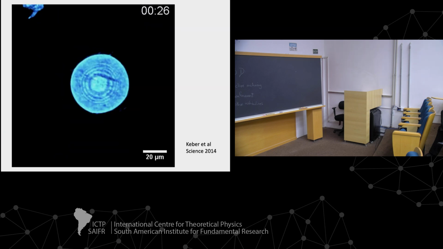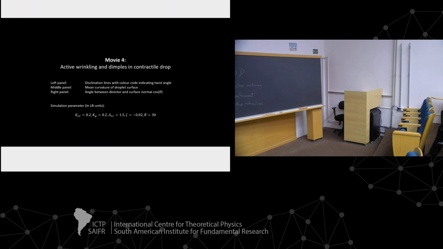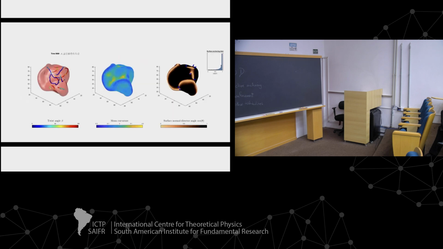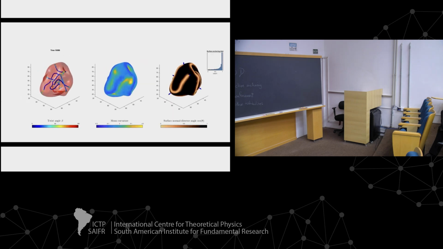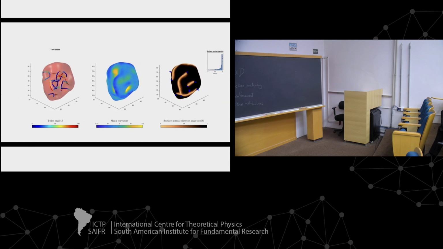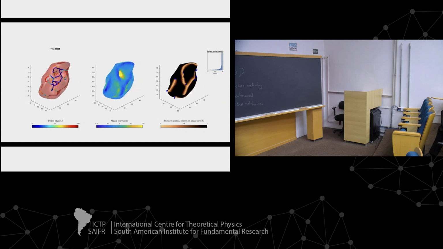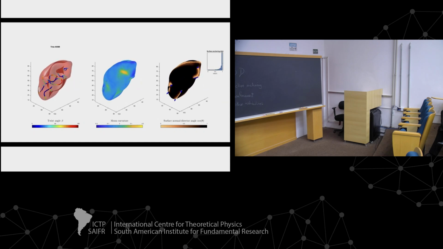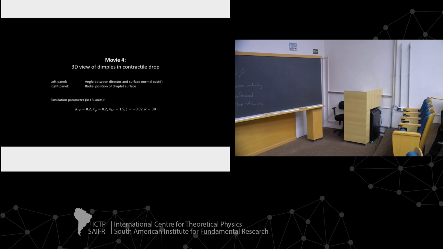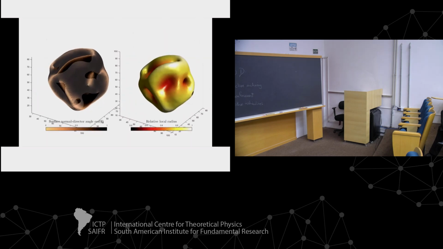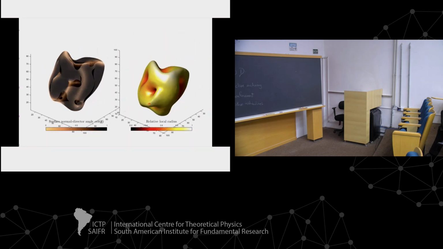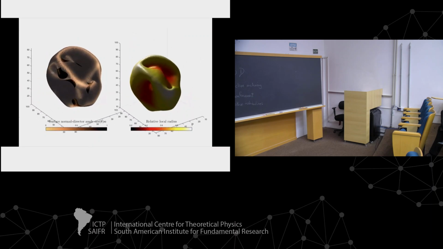So now let's go back to the simulations. I'm not going to stress this; this is what happens if you have a large contractile drop. Remember, the difference in a contractile drop is that the director field at the surface wants to be in a different direction, and what you end up with is these weird patterns coming out.